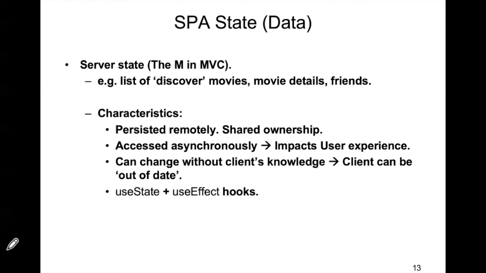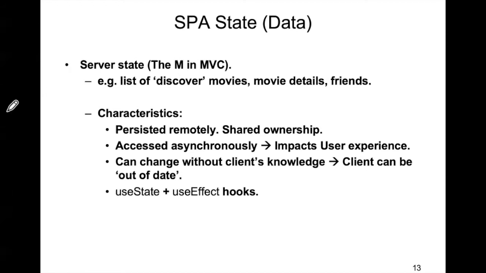The characteristics of server state are very different from those of client state. Number one, it's actually persisted remotely. In other words, it's persisted back at the web API. It is shared by all of the single page app instances that are running at any particular point in time. So it's got shared ownership.